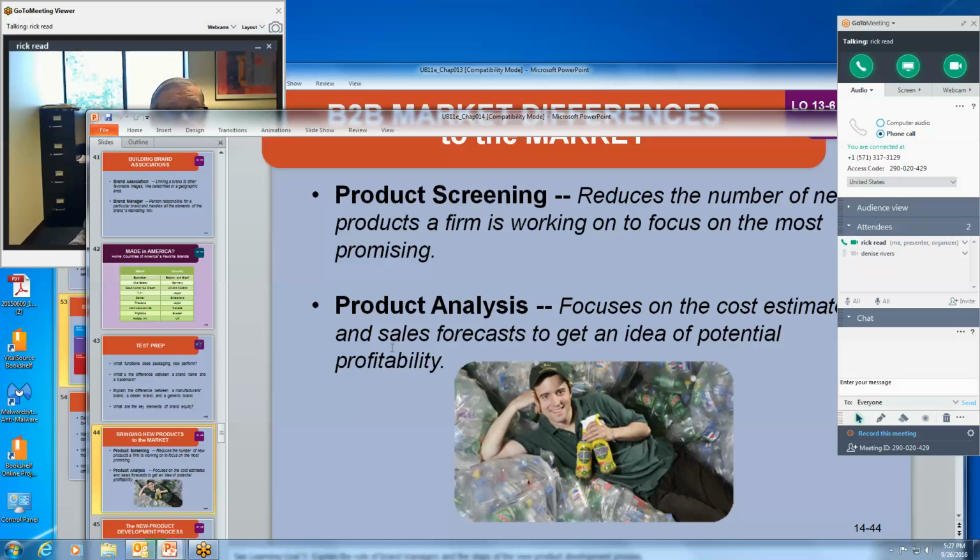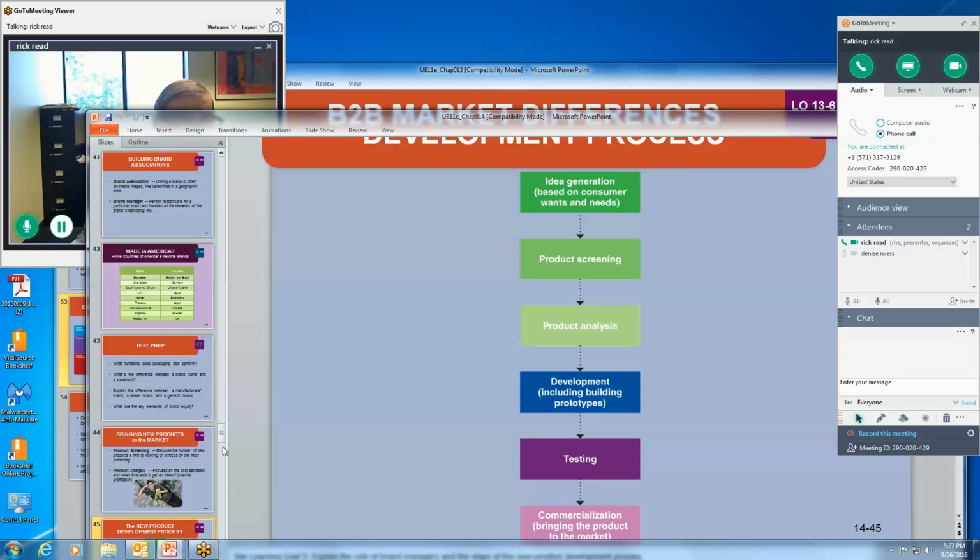Product screening just simply reduces the number of new products a firm is working on, and then product analysis, looking here at cost estimates, sales forecasts, and others to get the idea of what we want to do.